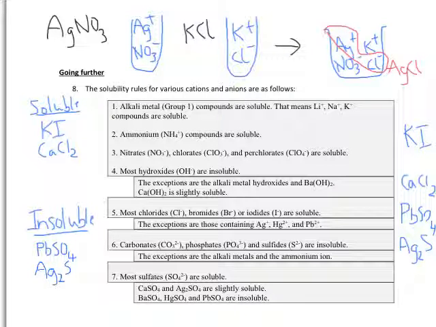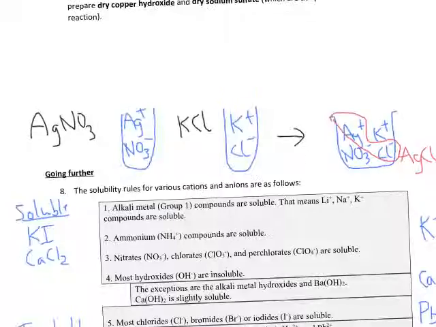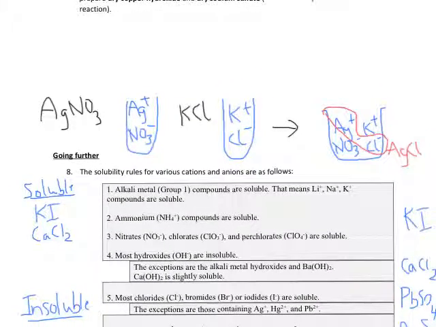And that's the basic idea of this week: that I can take two solutions, mix them together, and if one of these products is insoluble, then that will appear as a precipitate. If I was writing the first thing as an equation, I would write this as AgNO3(aq), which is my first substance, silver nitrate, and the aq tells me it's dissolved in water, plus the KCl(aq), which is also dissolved in water.